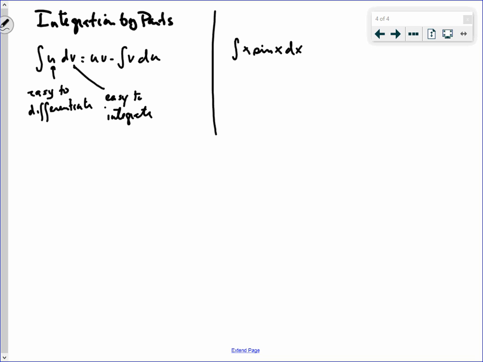When I say something's easy to differentiate, I basically mean that when you take the derivative, you get something nicer than what you started with. Not necessarily easier than the other, but it becomes simpler. In other words, on this one, x sine x dx, I'm going to put u equal to x, and dv would be everything else.